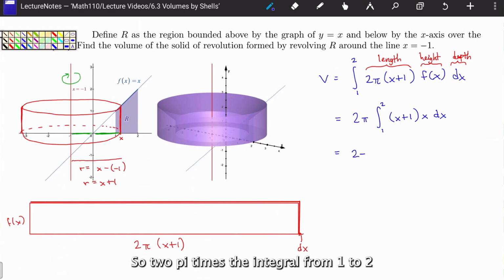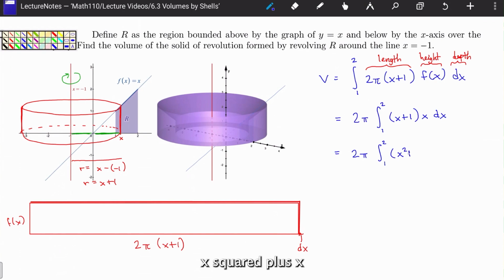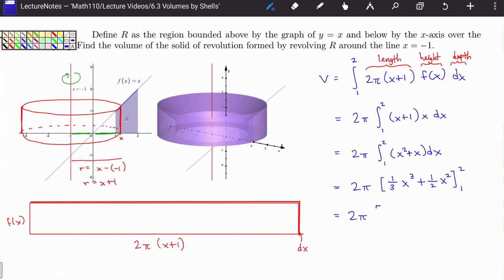So 2 pi times the integral from 1 to 2 of x squared plus x dx, which is 2 pi times 1/3 x cubed plus 1/2 x squared, evaluated from 1 to 2. 2 pi, this would be 8/3 plus 4/2 minus 1/3 and minus 1/2.